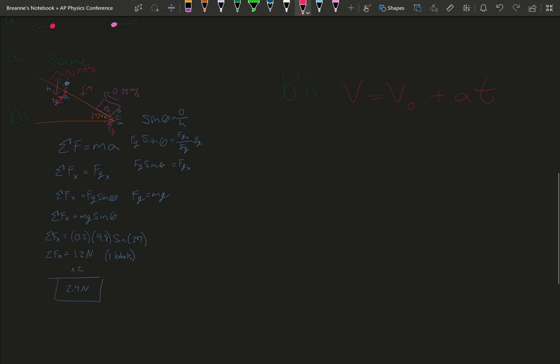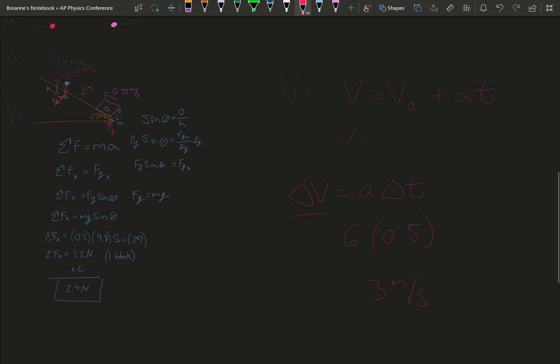Sorry, I'm looking at their key and their key isn't making sense to me. That's why I'm pausing. Because what their key has is delta V equals A delta T, which equals 6 times 0.5, which gives you 3. My question is, so that's our time. We're looking for our change, which is basically this equation. They just combined that.